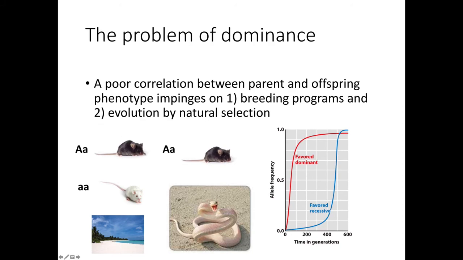Remember that population of mice that were black that landed on an island with white sand. Now, clearly, when there are these snakes around, it would pay to have the white phenotype.